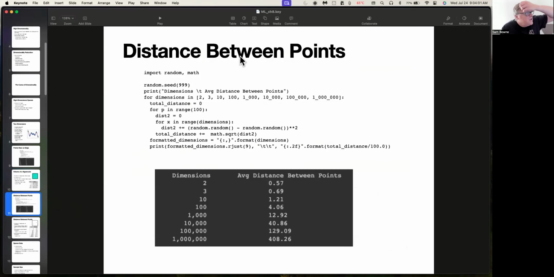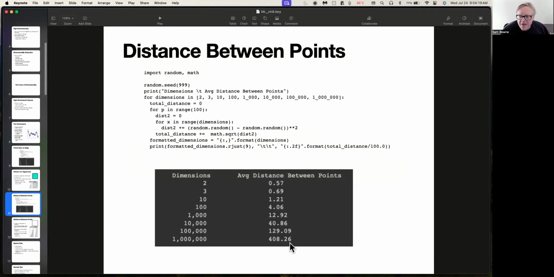Another way to do it is look at the distance between points. If you just choose a certain number of random points, how far apart are they? In 2 dimensions, a square, the points are 0.5 apart, but in higher dimensions, the points are very far apart.